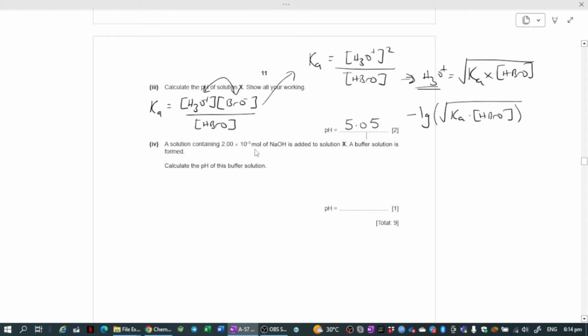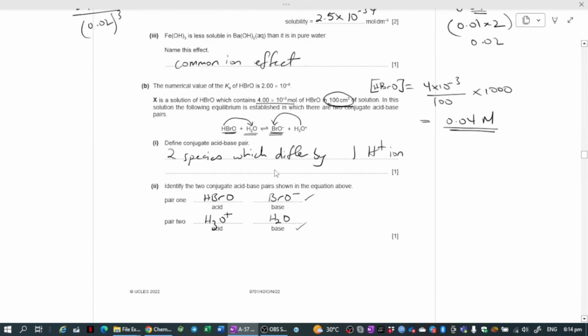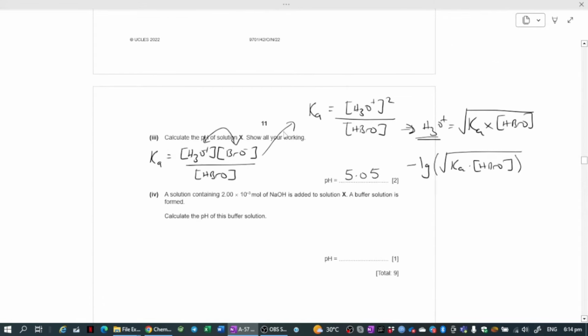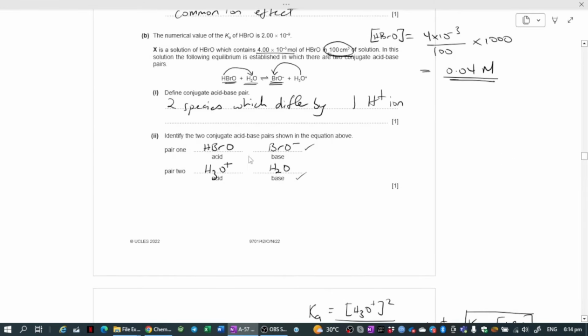Good. Then they say a solution containing 2 by 10 to the minus 3 moles of sodium hydroxide is added to solution X. A buffer solution is formed. Calculate the pH of this buffer solution. So what will happen? Let us take a look at our reaction. If we add hydroxide, the hydroxide ions will react with the hydroxonium ions here to form water.